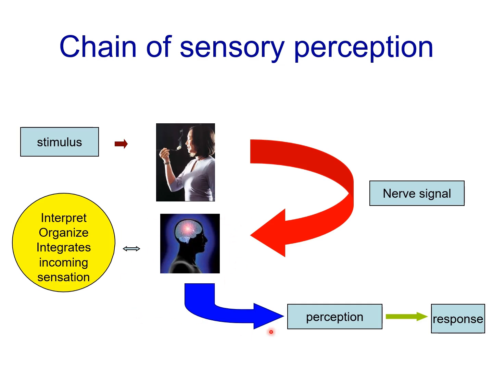That causes a perception, and then you have a response about how you feel about this stimulus or this food. After that evaluation, you can give it a good mark or a bad mark according to your perception of that food.